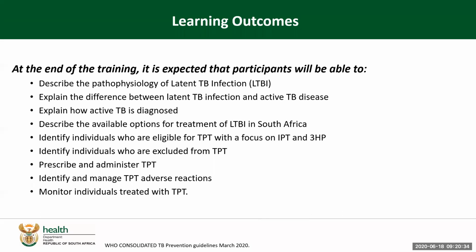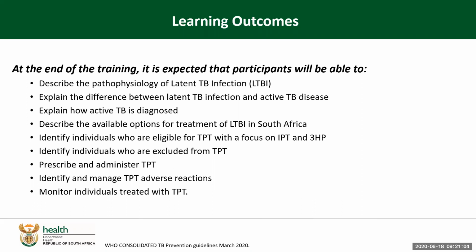We also expect that we would all be able to describe the available options for treatment of LTBI in South Africa. We also need to ensure that we can identify individuals who are eligible for latent TB infection treatment with a focus on isoniazid preventive treatment, in short IPT, and the newer short regimen 3-HP.